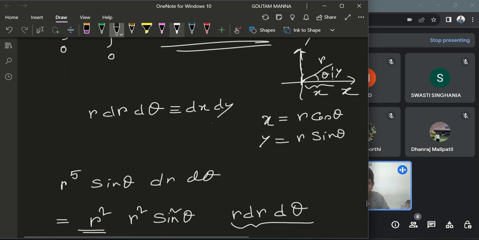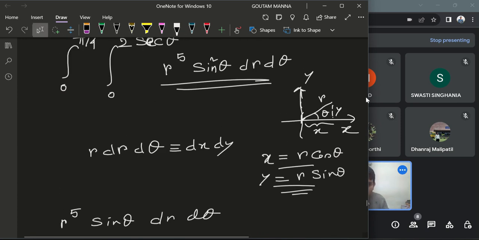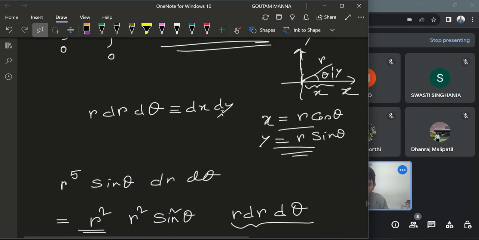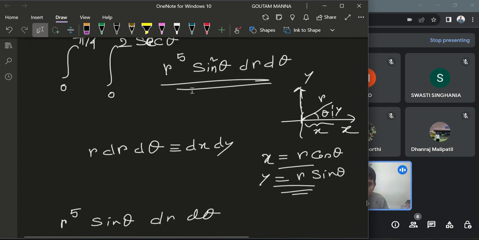I have just written the transformations, x equals r cos theta, y equals r sin theta. I think this is pretty clear. I am replacing whatever we are going to integrate by xy coordinates.